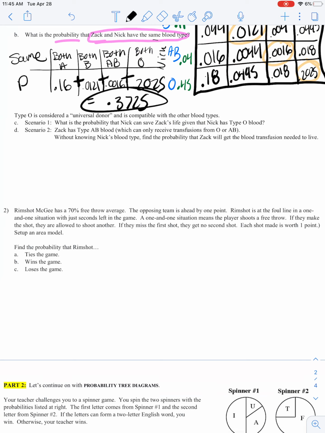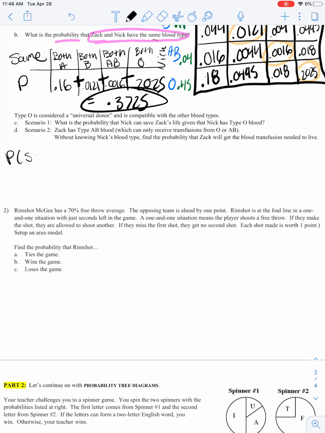Okay, so let's read the next question. Type O is considered a universal donor, and it is compatible with other blood types. Scenario 1. What is the probability that Nick can save Zach's life given that Nick has type O blood? So let's think about this.